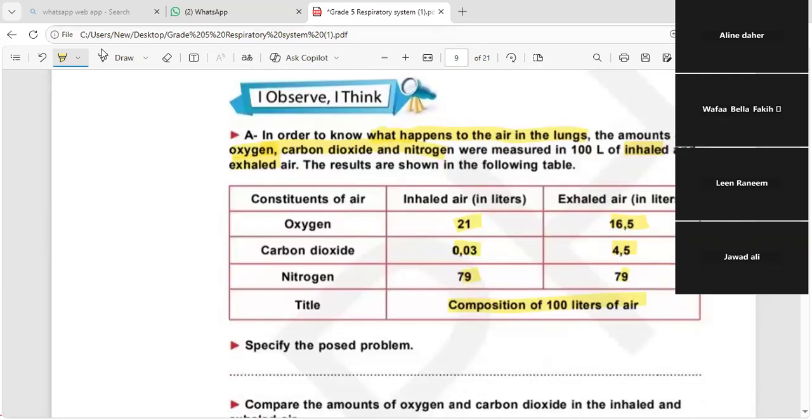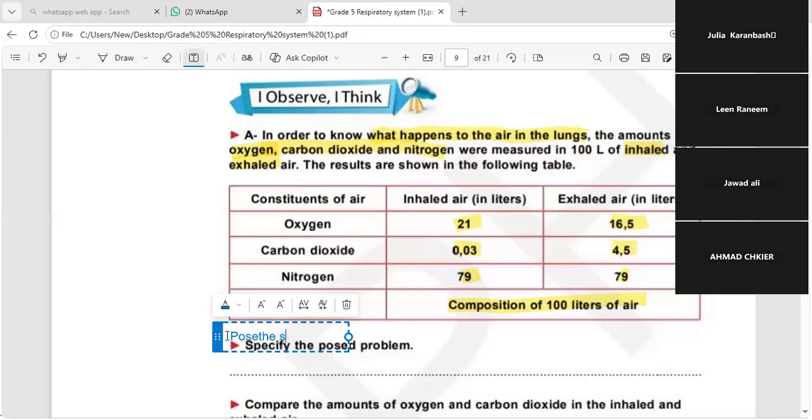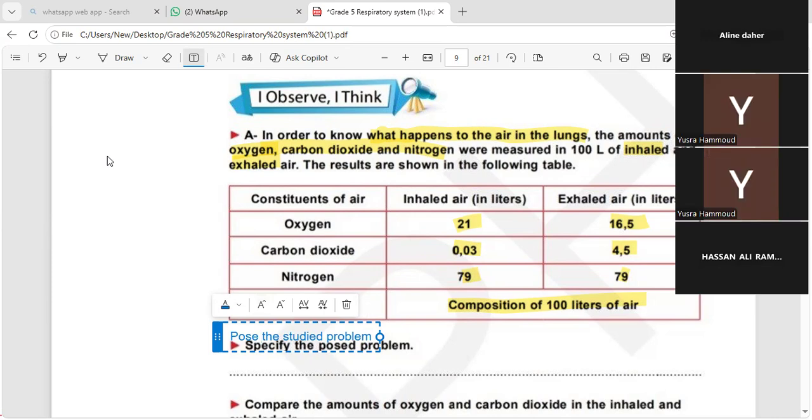I will change the first question. Pause the studied problem. You'll think about it. I'm waiting for you to raise your hand. It's very easy. It's in front of you, as we always do.